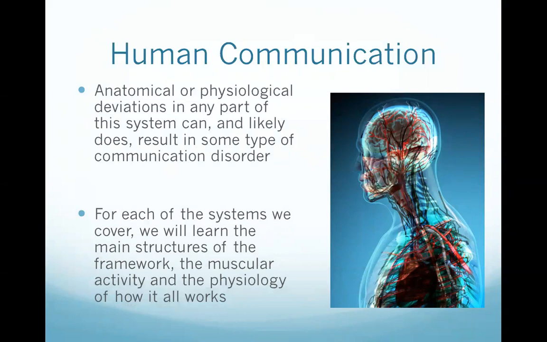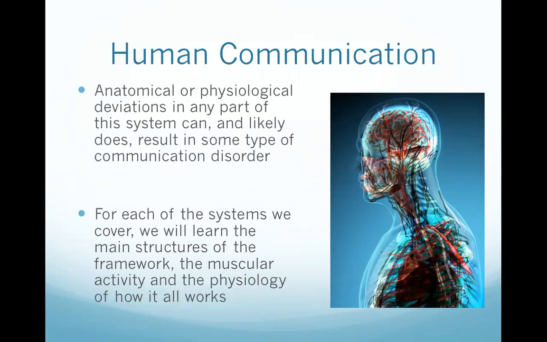Now, any kind of anatomical or physiological deviation in this system of the muscles and the nerves can result in a variety of different kinds of communication disorders. And we have many kinds of communication disorders. And that's beyond the scope of this class. But hopefully what you'll see across this class is that any problem in any one of these systems can manifest itself in a communication disorder or a speech production disorder.